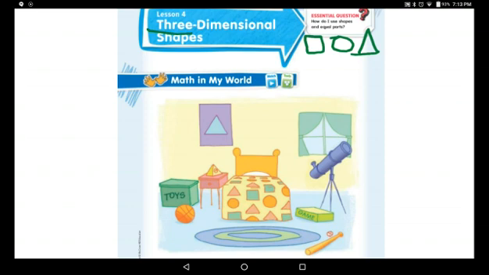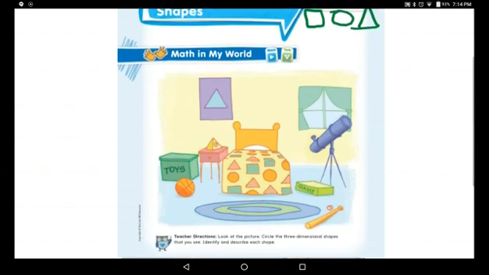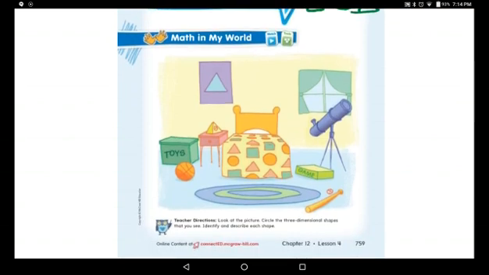So each shape will have three dimensions: width, length, and height. Okay, now I want you all to open page 759 and hold your pencil and start doing what I will tell you to do.